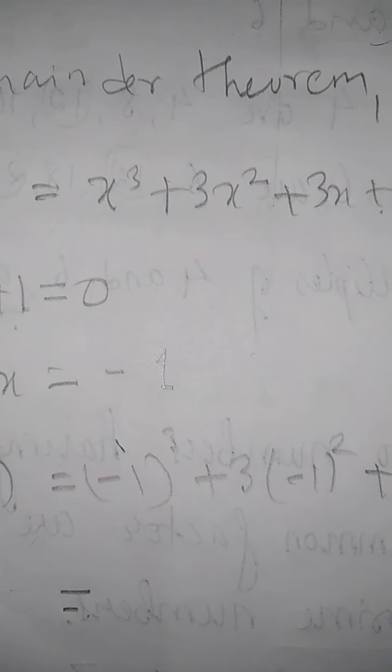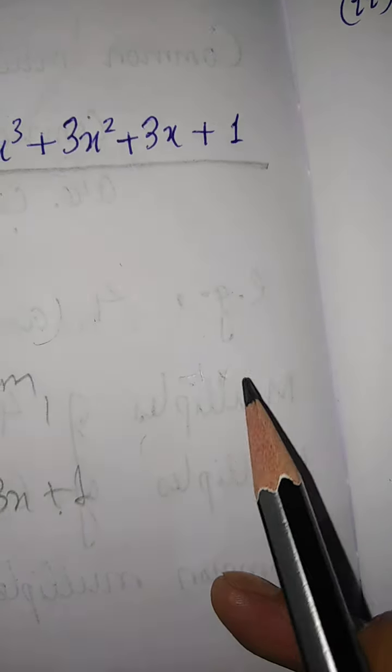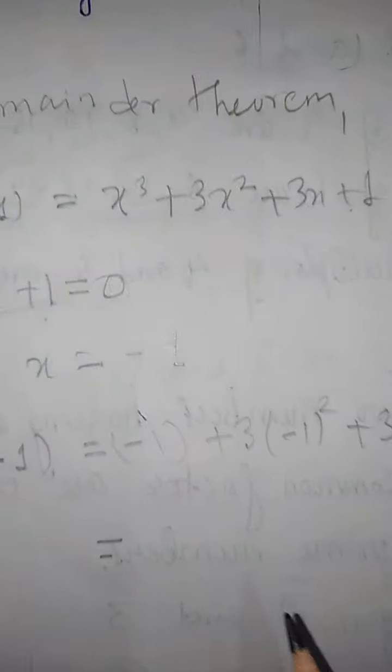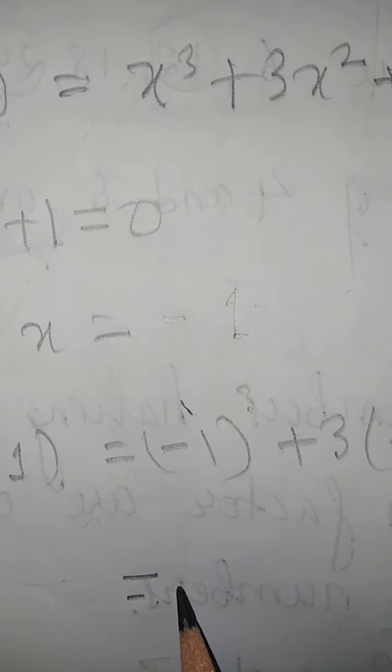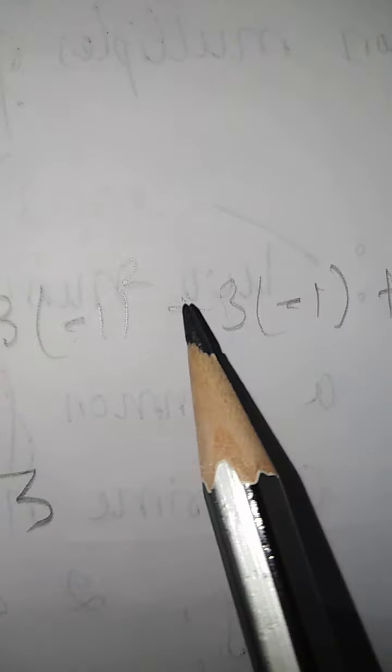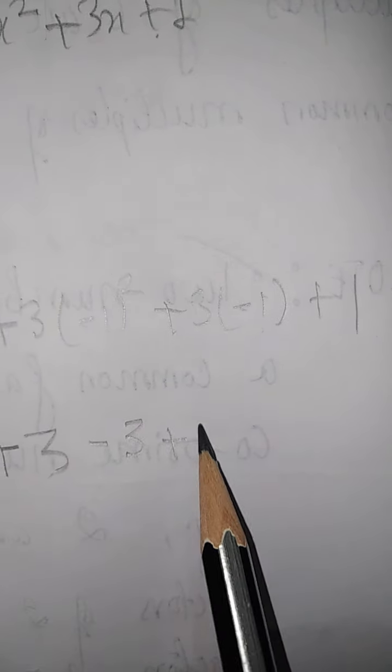So minus 1 into minus 1 gives us minus 1. I hope students you all know this calculation. Plus minus 1 whole square, minus minus are plus, 1 ones are 1, so 3 ones are 3. Now next, plus minus 3 ones are minus 3, plus 1.